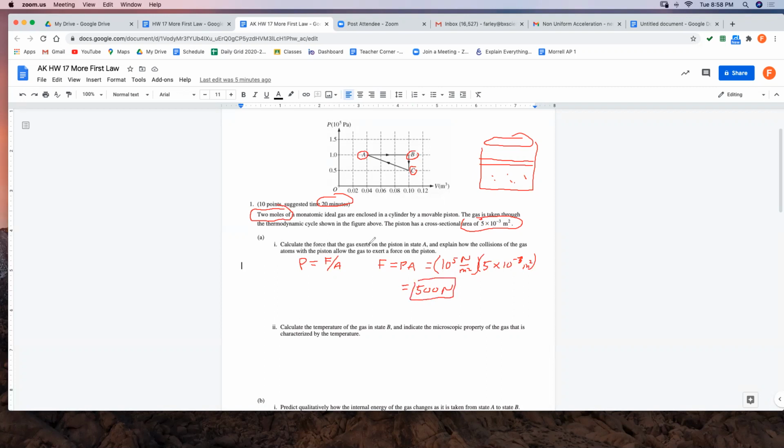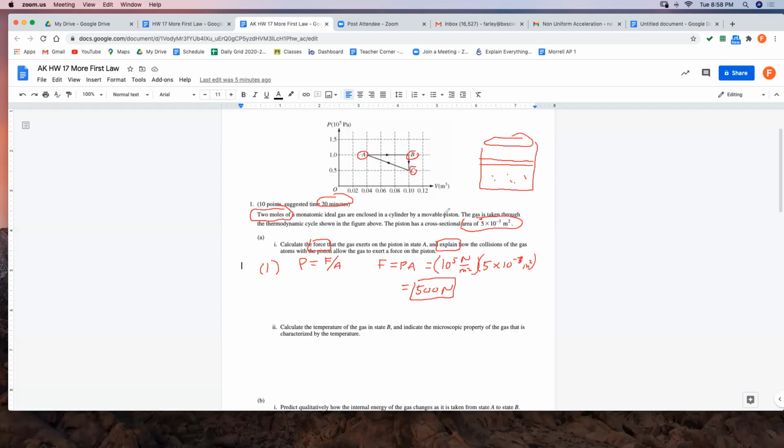Actually, it says calculate the force and explain how the collisions of the gas atoms with the piston allow the gas to exert a force on the piston. By the way, this is one point right here. And the second point, you have to explain.